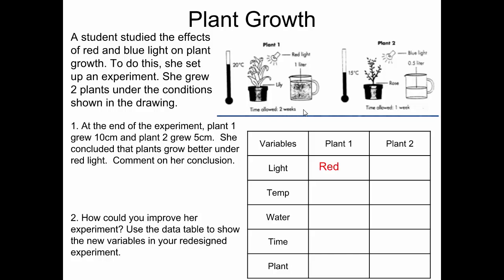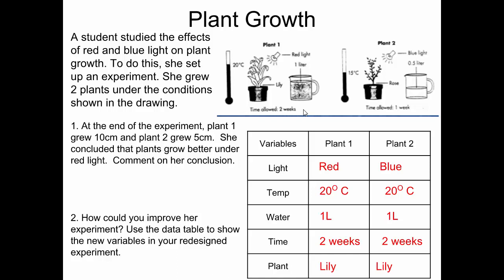Good. You're right. So the way we would properly set up this experiment is we'd have red light and blue light, and then we would try to keep every other variable the same. It doesn't really matter whether we chose 20 or 15 degrees Celsius or 1 liter or half liter of water, but we just have to be sure that everything is the same.